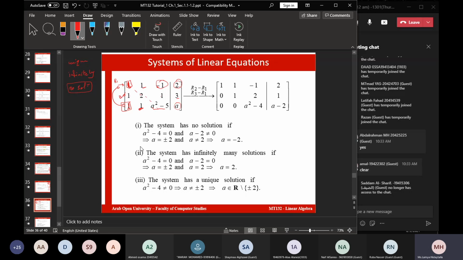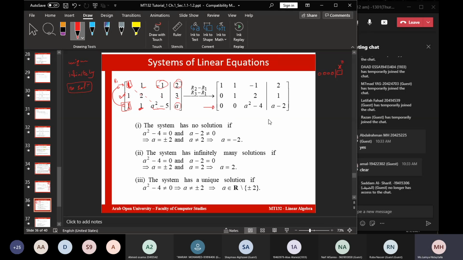To have no solution we want all the numbers to be zeros in the last row, but here we should have a number, this one should not equal 0. Correct? So what we do, we apply it here.